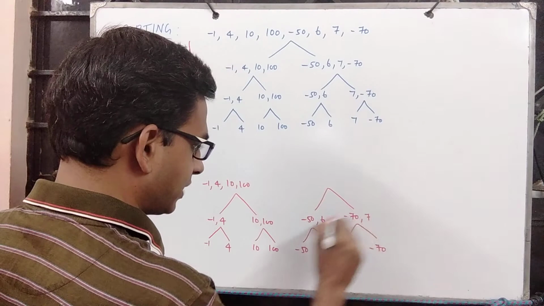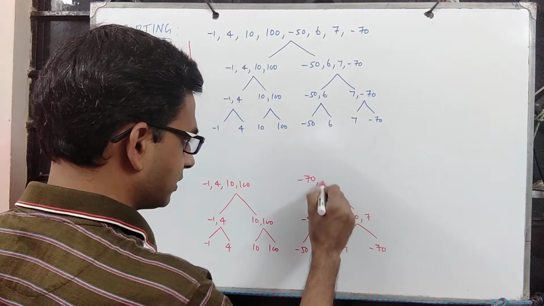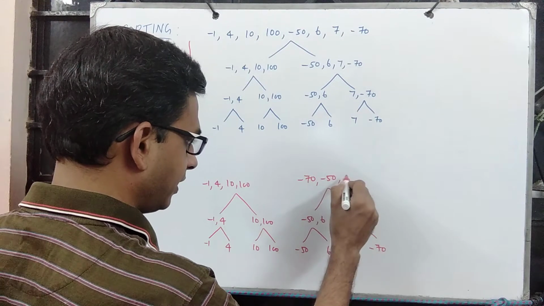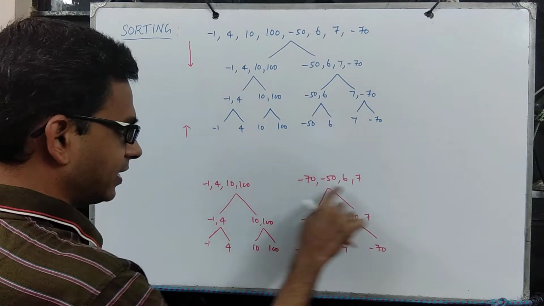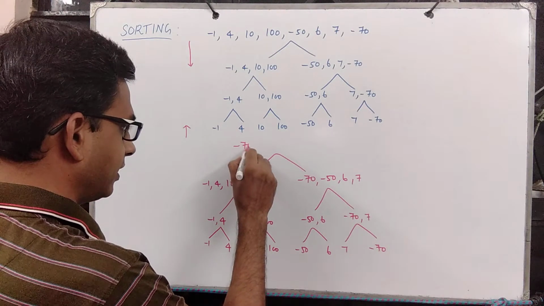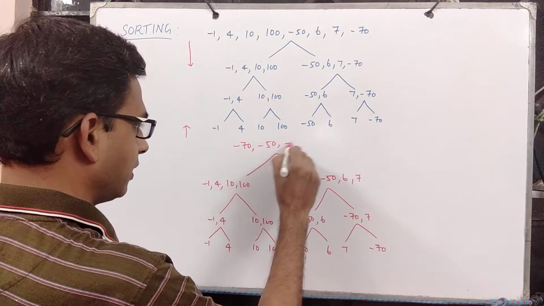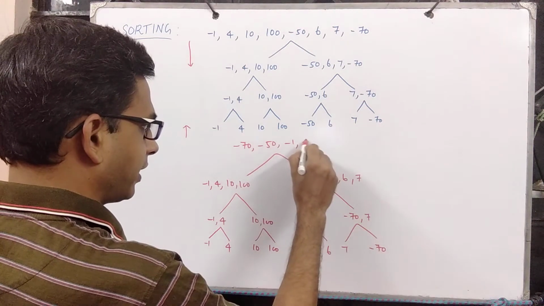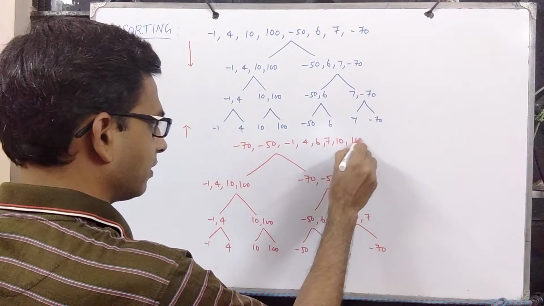Over here again these two are sorted, and we create a sorted subarray at this level: minus 70, minus 50, 6 and 7. Now this is sorted and this is sorted. With the help of these two, we create a sorted array over here, which is minus 70, minus 50, minus 1 and 4, 6, 7, 10 and 100.